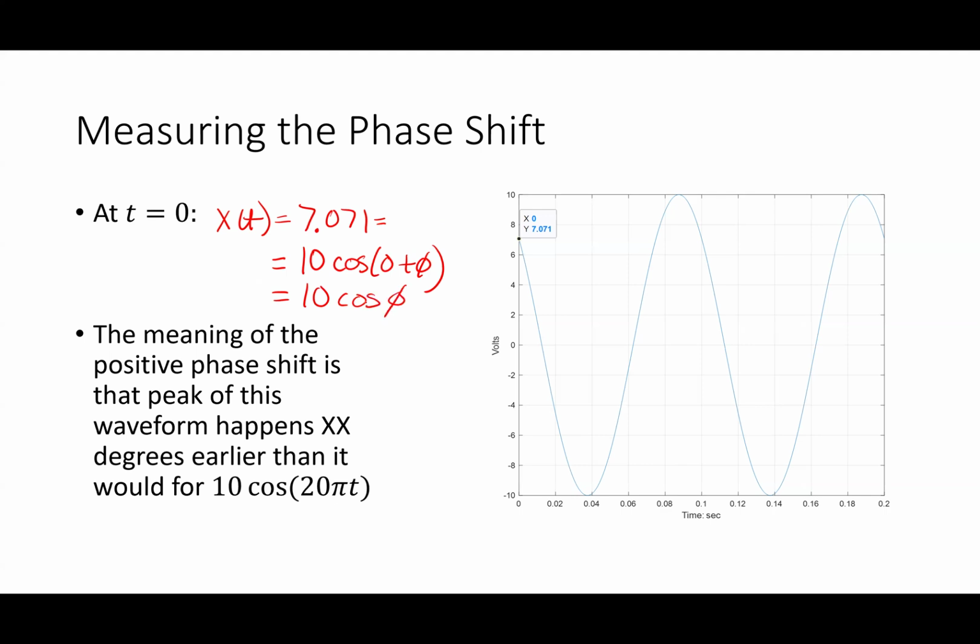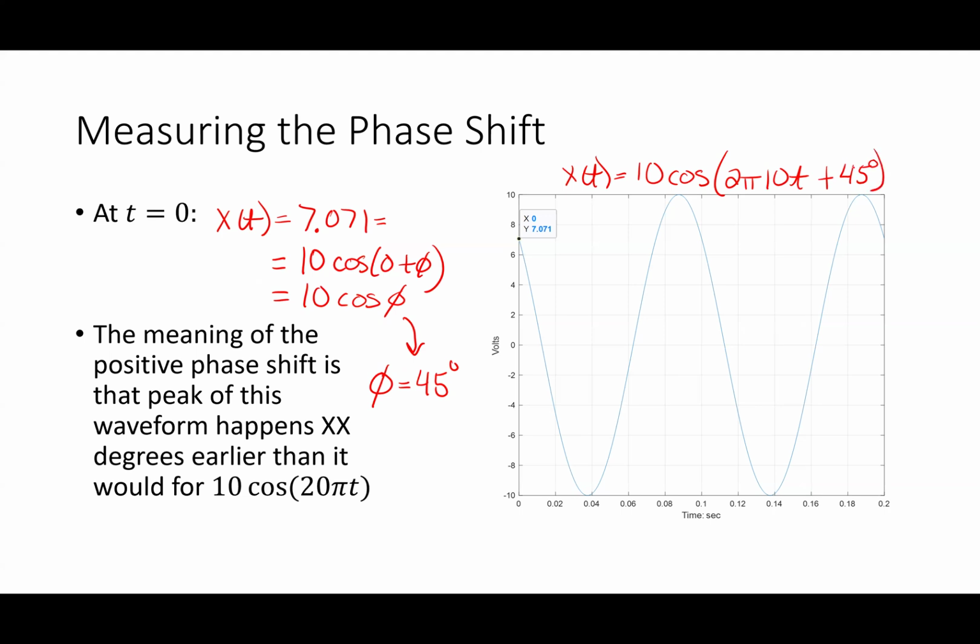If I did the math on this, you would see that phi is equal to 45 degrees. So in other words, x of t is equal to 10 cosine of 2 pi 10t plus 45 degrees.